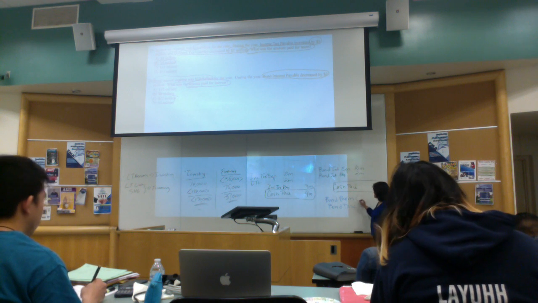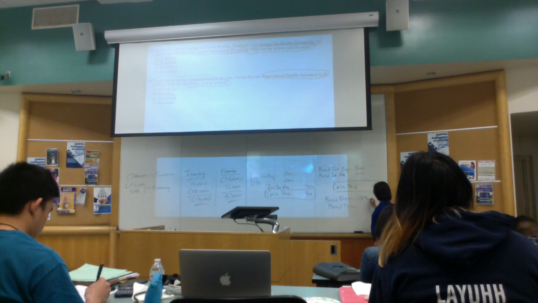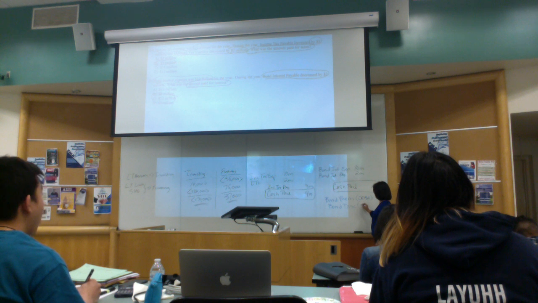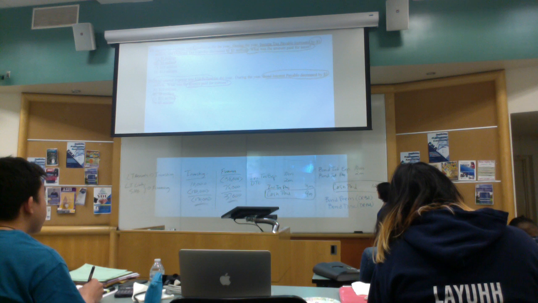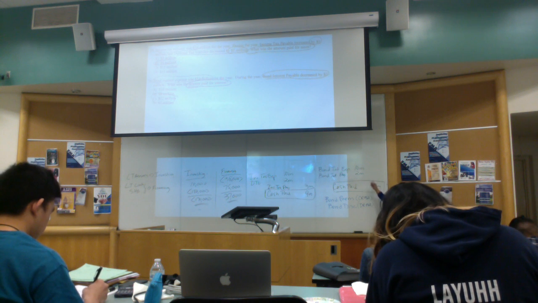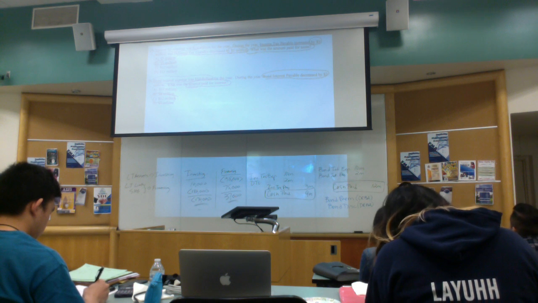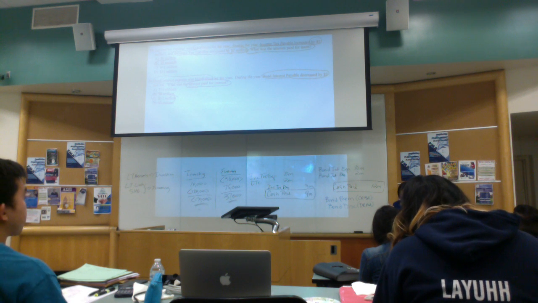Bond premium, what kind of balance would this be? A credit balance, right? Discount would be a debit balance. The only reason you would have the bond premium or discount in here would be for the amortization amount, correct?